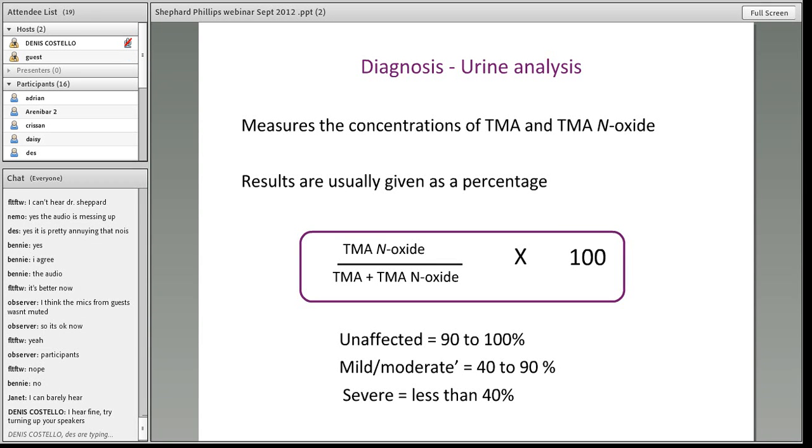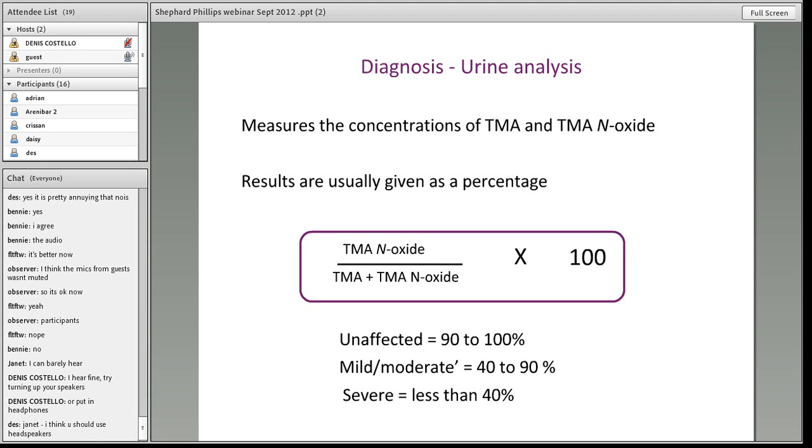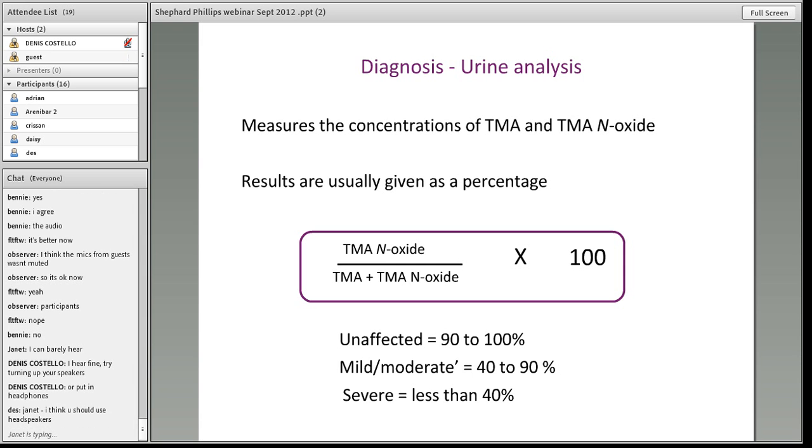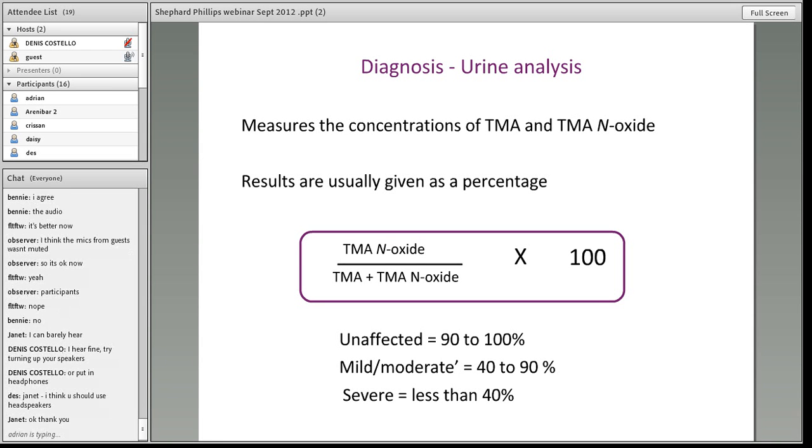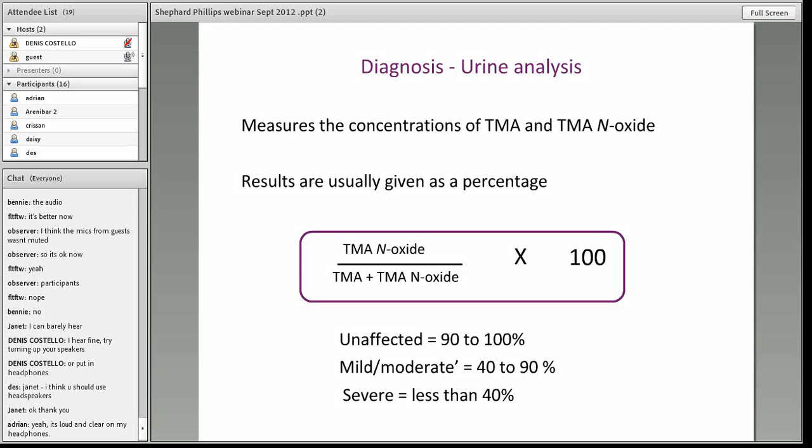And so the less trimethylamine that's been converted, the more severe the disorder. Now the results are usually given as a percentage, and we express this as the amount of trimethylamine N-oxide that is excreted in the urine divided by the amount of trimethylamine that's excreted plus the amount of trimethylamine N-oxide, and multiply that by 100.